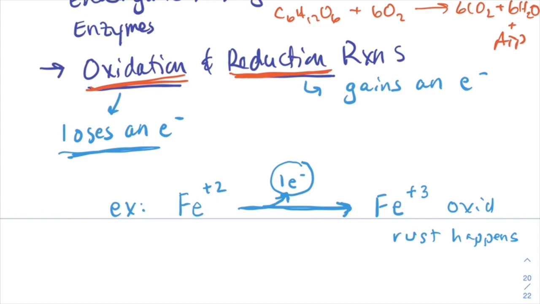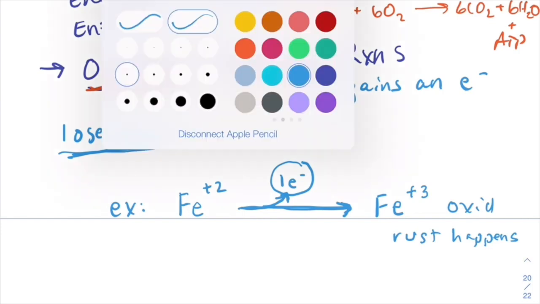They were looking at things in test tubes or setting up battery cells. And, if you ever took a chemistry class where you had to set up these battery cells and something was being oxidized and something was being reduced, what does this have to do with the cell? It does have something to do with the cell, but in the cell, we look at oxidation and reduction reactions a little differently. And here's why.